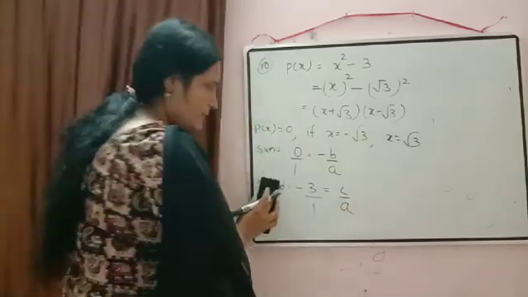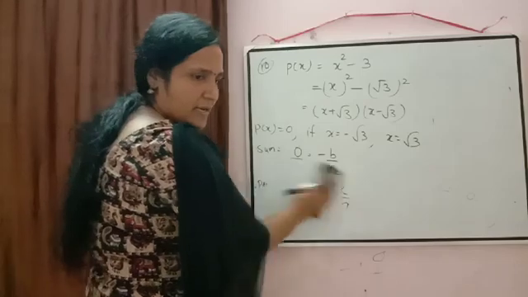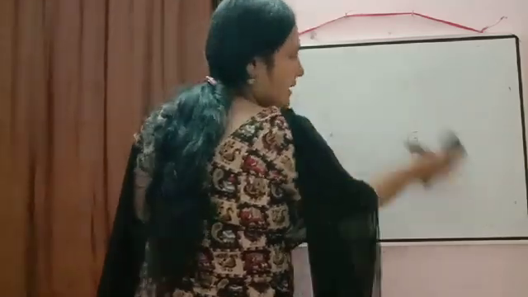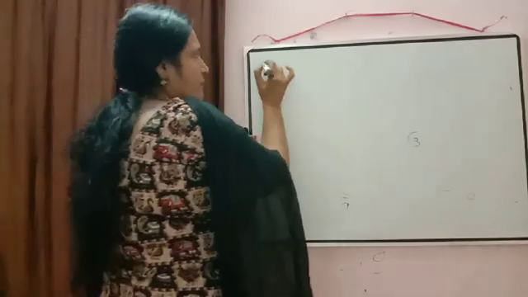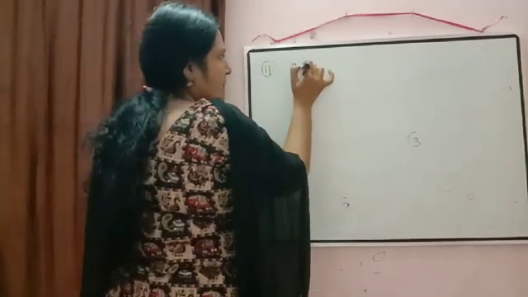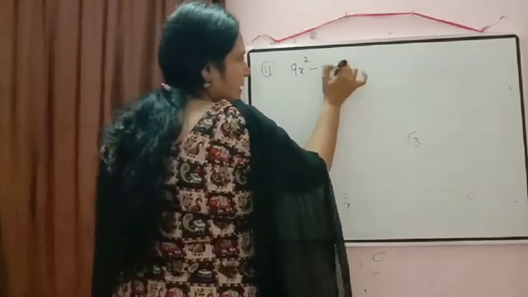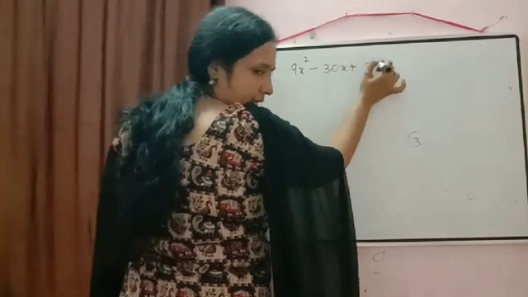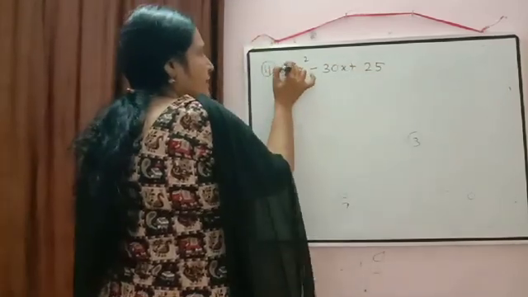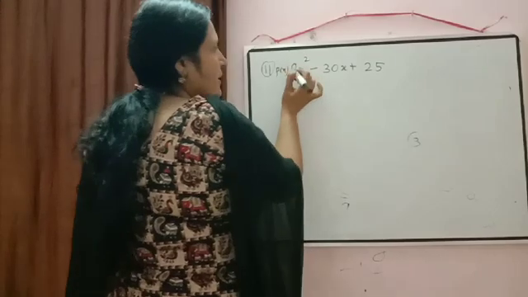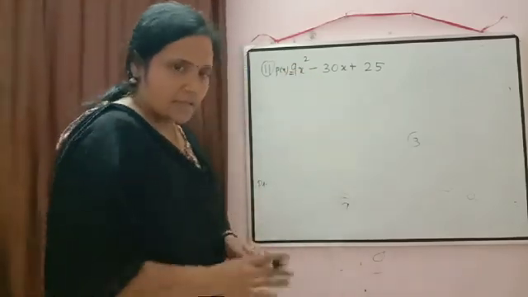Okay. Then the next one, question number 11, is 9x square minus 30x plus 25. P of x is equal to 9x square minus 30x plus 25. Now here you can check the numbers.